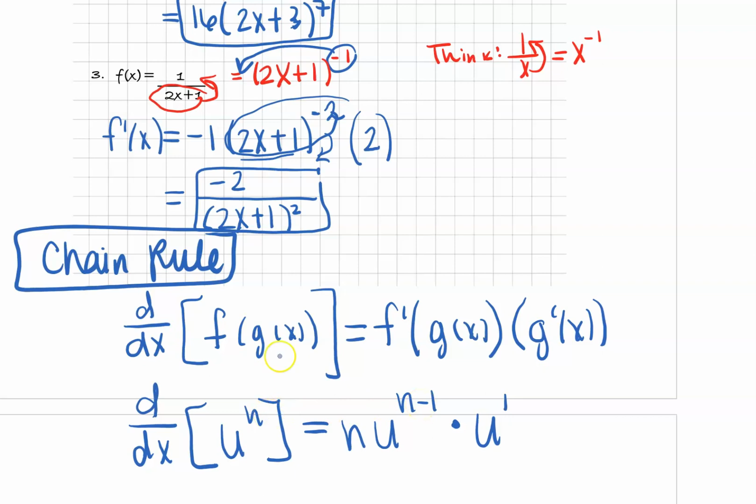We take that n, bring it out front, subtract 1 from it, and then multiply it times the derivative of whatever's on the inside of that function. Again, this is going to be very beneficial for functions where algebra is very overwhelming, or also we're going to see it in some trig functions as we move forward, where using this chain rule would be our only way to do it.